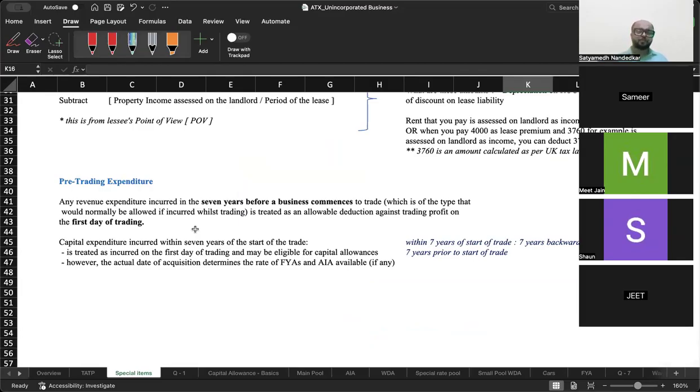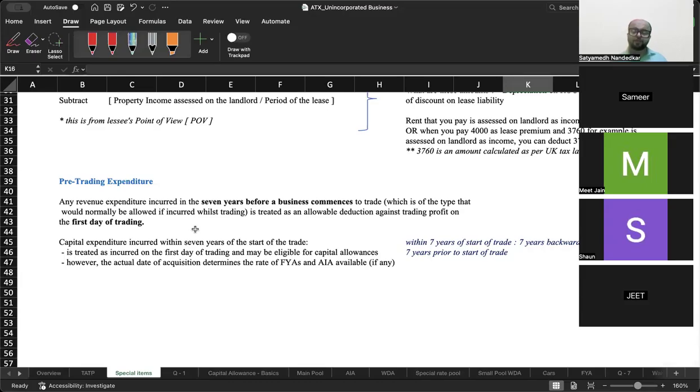Say right now, think about it this way. I want to start my own classes after 2 years, and I am right now paying an editor to edit my videos before putting them on YouTube. So the amount that I am paying to this editor is a pre-trading expenditure. I have not yet started my business, but I am paying this amount to the editor to do the editing job for me.